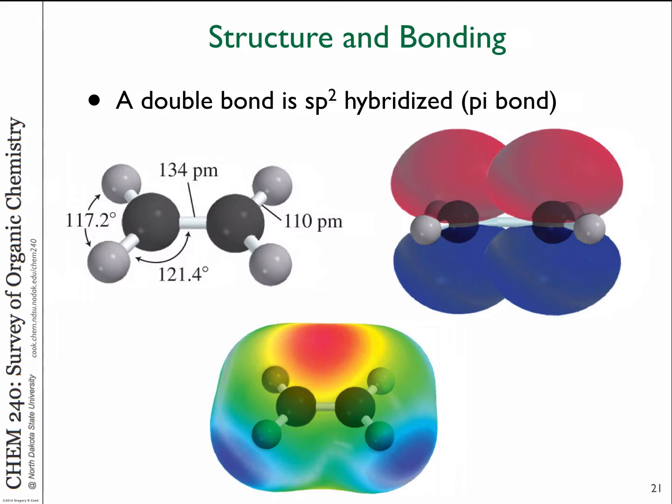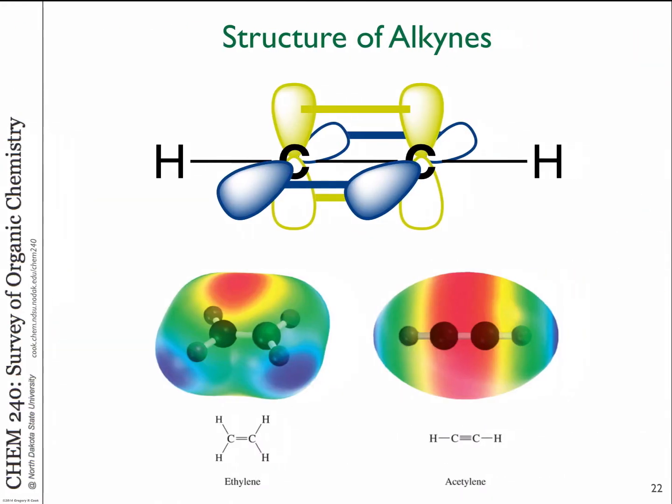Yeah. So you can see the bond angles. A triple bond is very similar as well, except now to get the third bond it has to have an additional pi bond. So notice here in acetylene, compare the structure of acetylene to ethylene here.